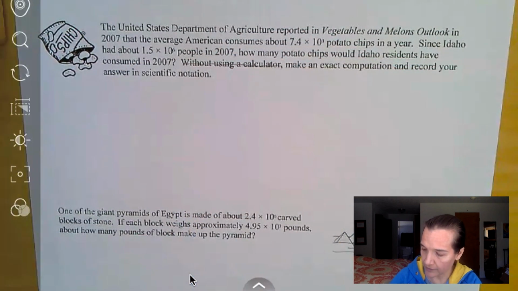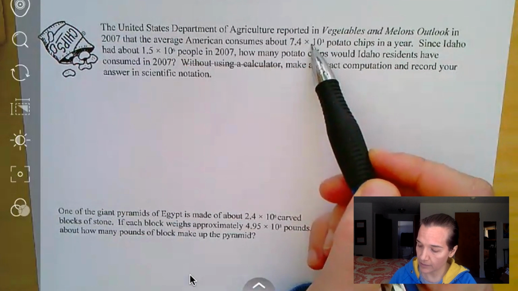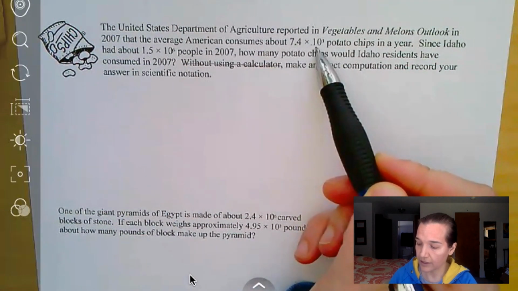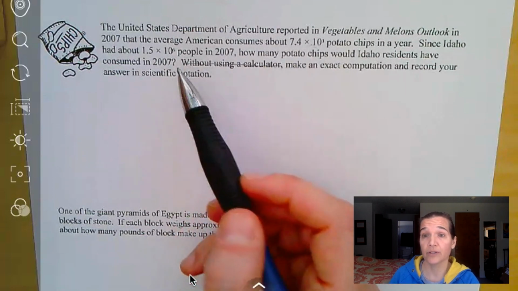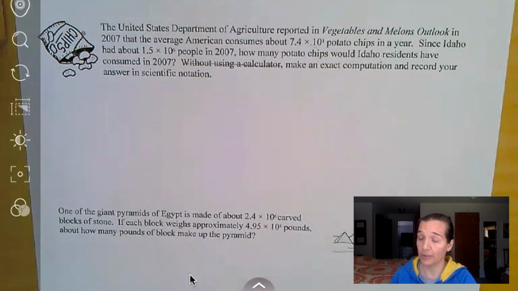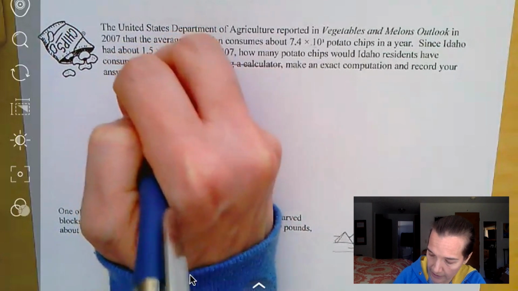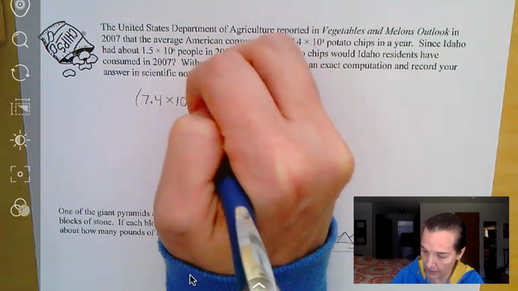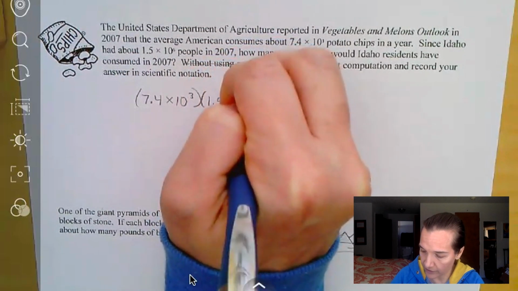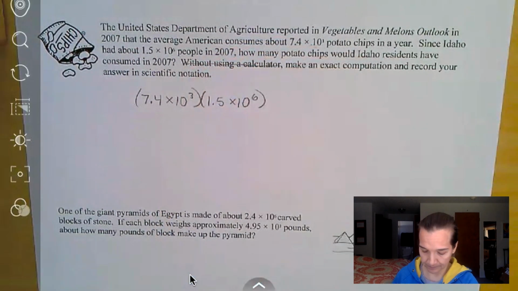Okay. So it starts out that we have this many potato chips eaten by each person and then this many people. So to find their total amount that they would eat, that'd be multiplying the two. So I'm going to write 7.4 times 10 to the 3rd power times a quantity of 1.5 times 10 to the 6th power.